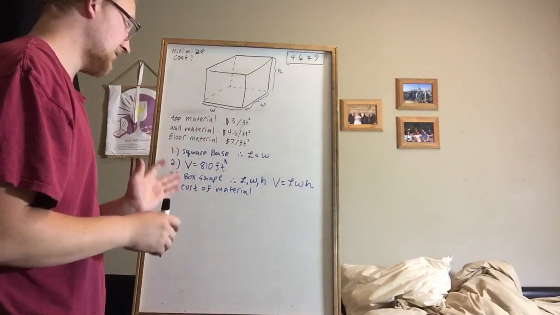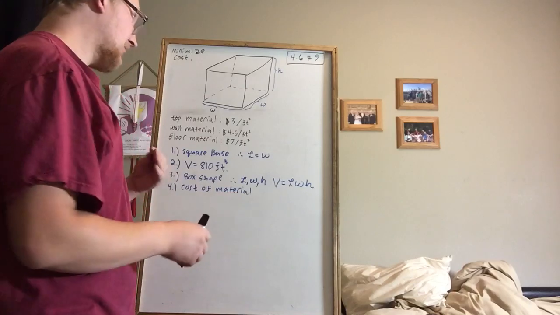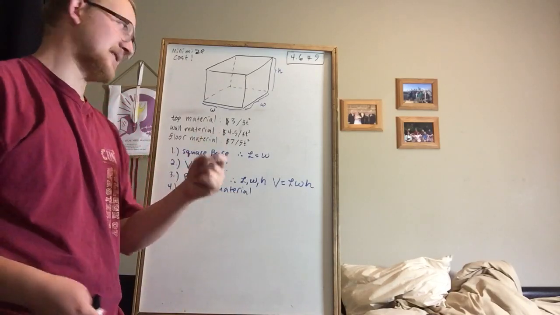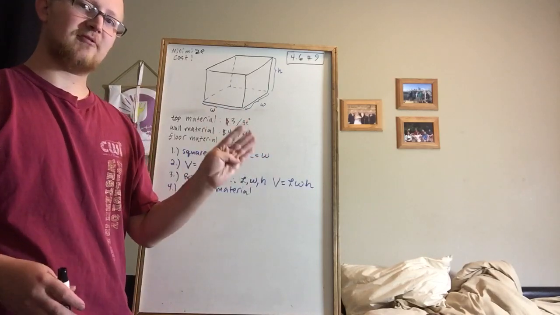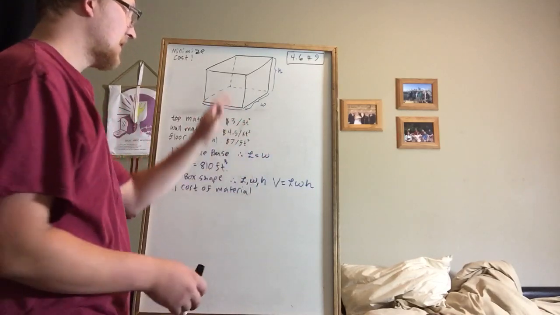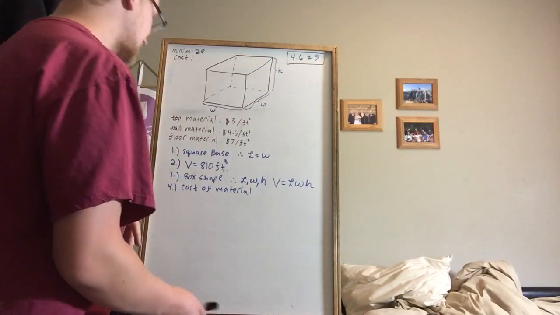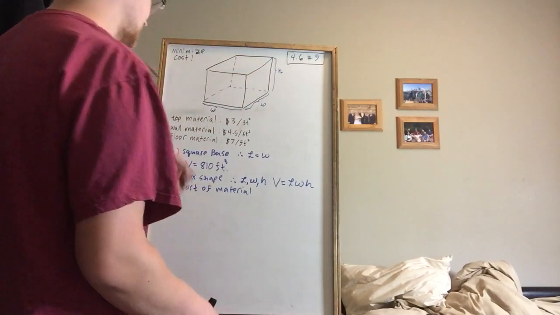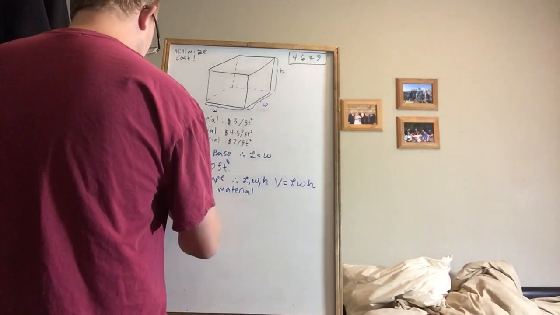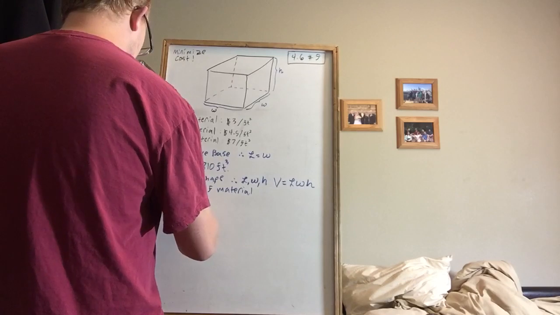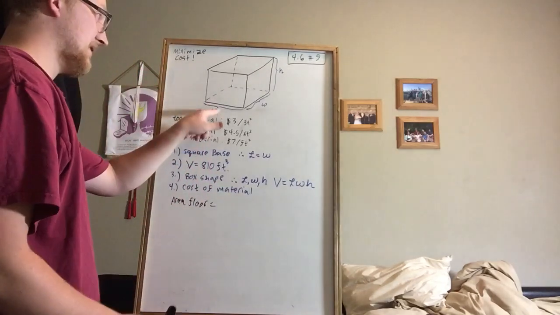Alright, so what we need to do here is write a cost equation. And how we do that is we're going to start by realizing that all of the prices are based on square feet, and square feet has to do with area. So all of these walls and roofs and floors have area. So let's solve for the area of the floor. The area of the floor can be written as width times width, right?